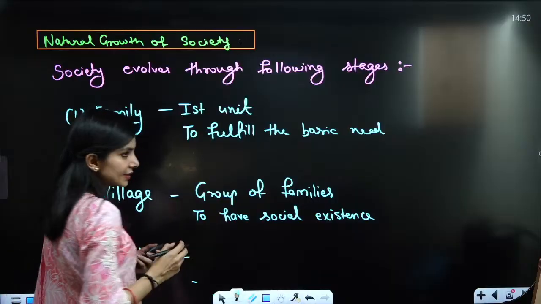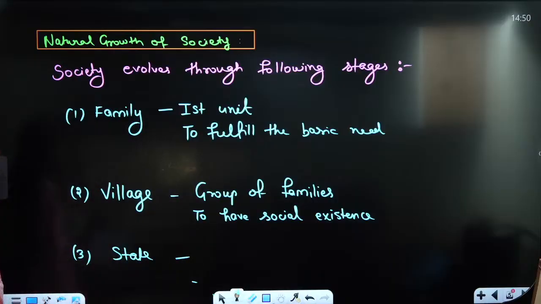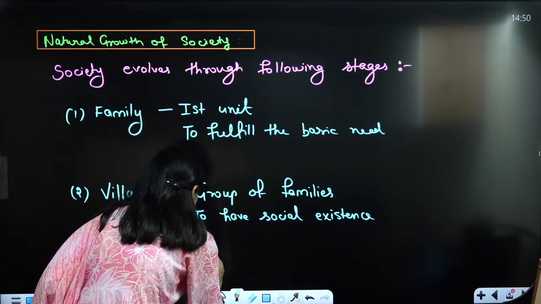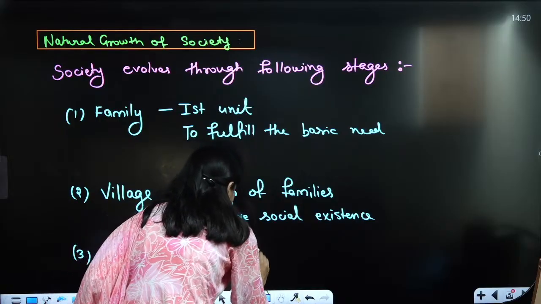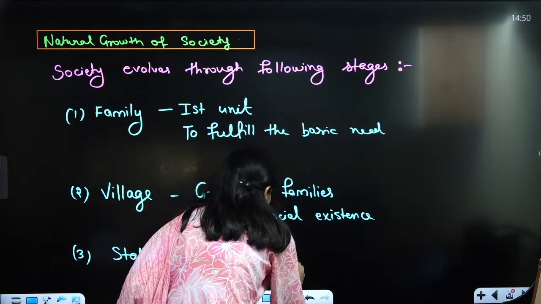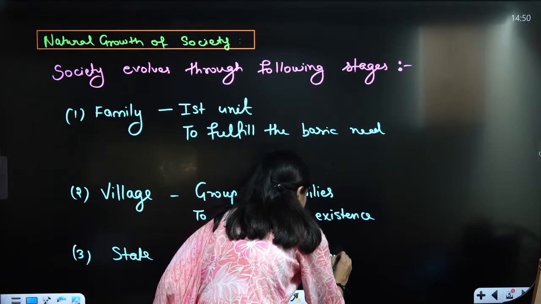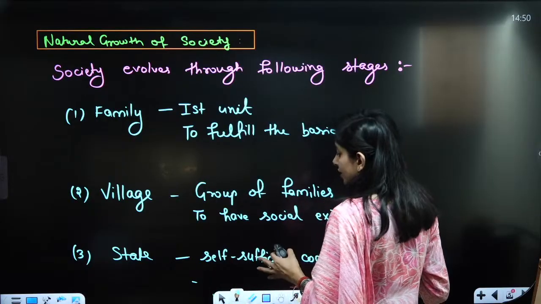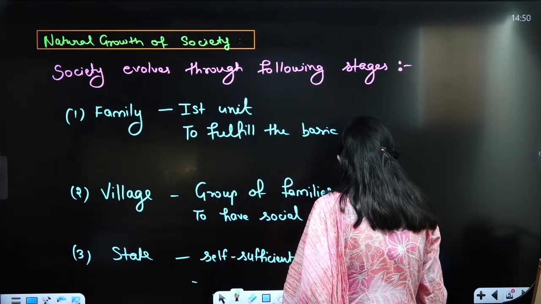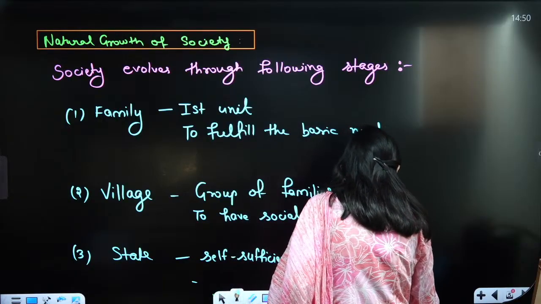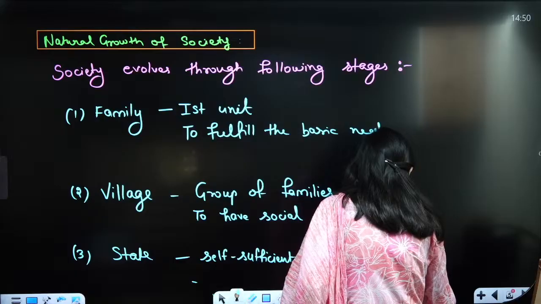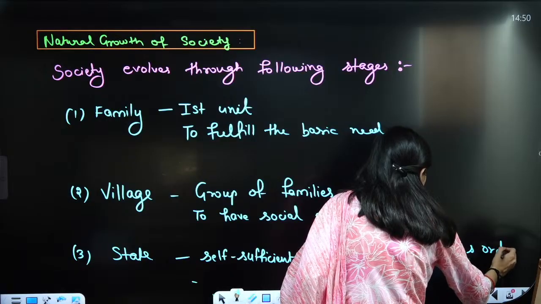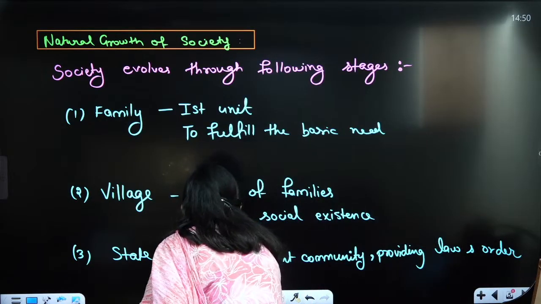So the state seems to be the third part, the third stage. It is a self-sufficient community, and this self-sufficient community provides law, order, moral life.